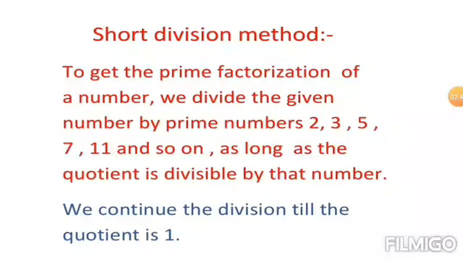And the second one is the short division method. In the short division method, to get the prime factorization of a number, we divide the given number by prime numbers again. In both the methods, we divide the given number by prime numbers.